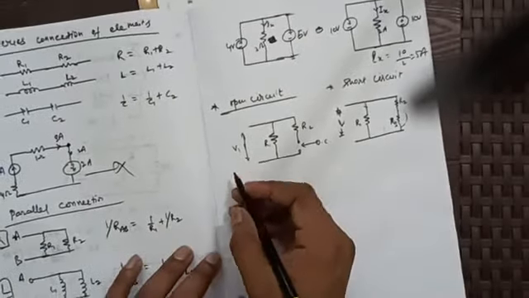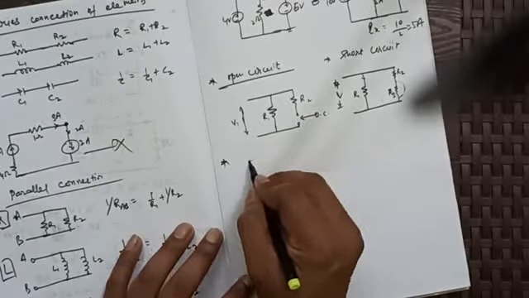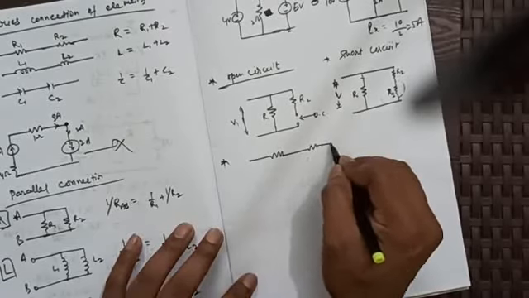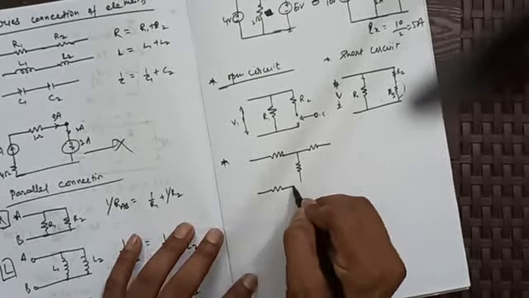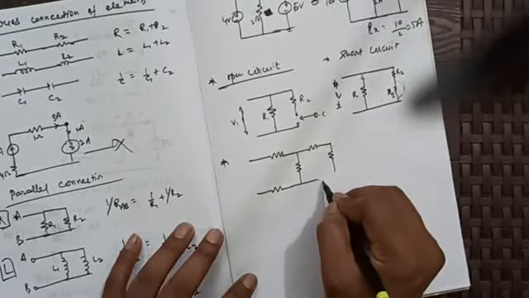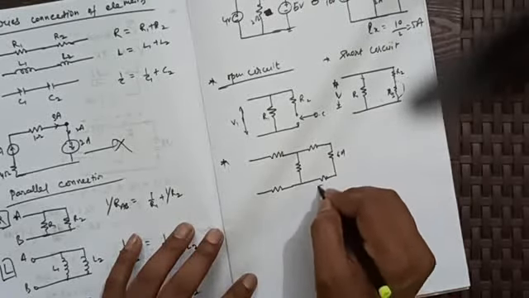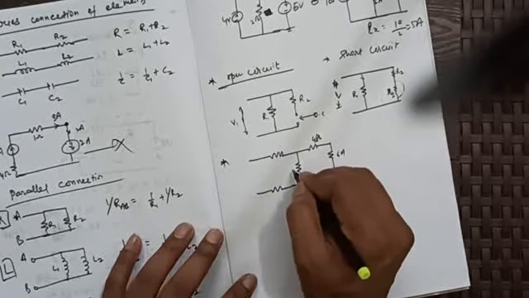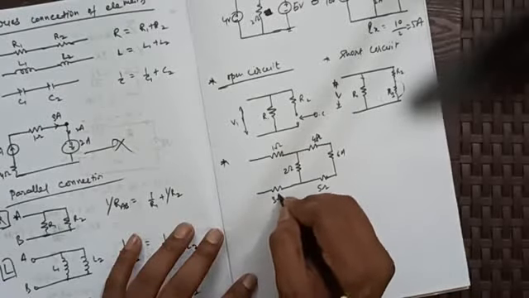Now let us take an example of short circuit or open circuit. Consider this network. This is 6 ohm, 5 ohm, 4 ohm, 2 ohm, 1 ohm, 3 ohm.